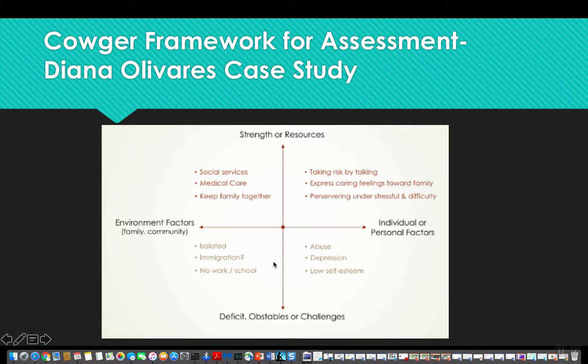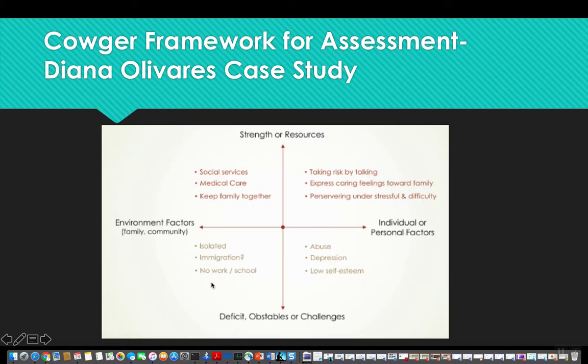As for individual or personal strengths, she is taking a risk by talking to the social worker about the situation, she does express caring feelings for her family, and she is persevering under stressful difficulties.